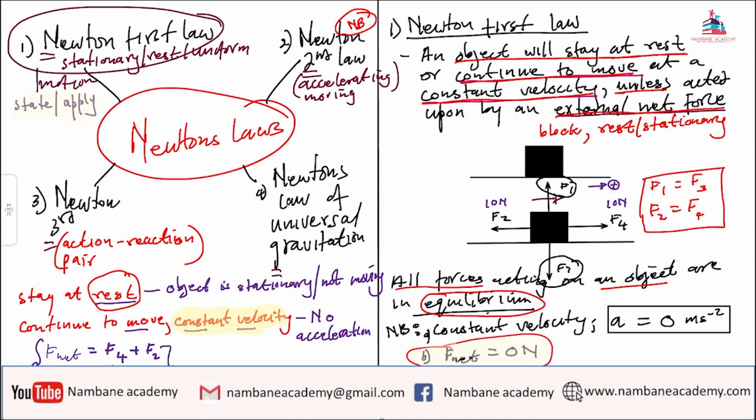But that force is now locked at a constant velocity of 120 kilometers per hour. What is the meaning of that, ladies and gentlemen? It means there are forces, yes, but those forces acting on the object are now equal, moving now at a constant velocity.